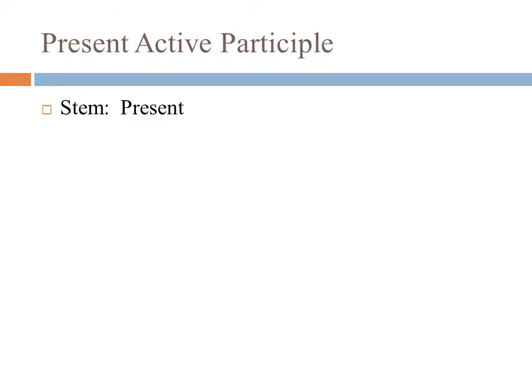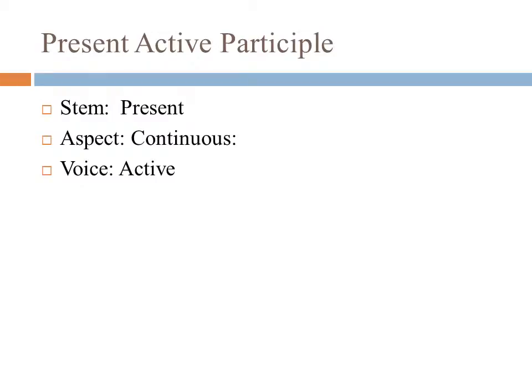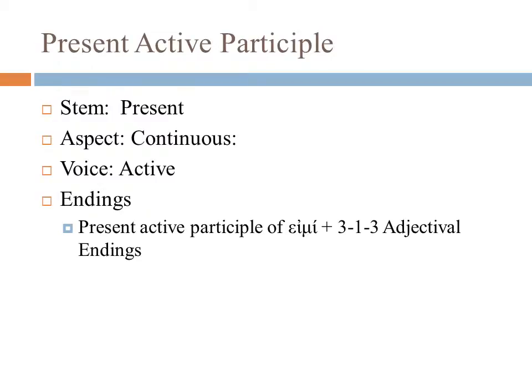Present active participle. The stem is present, and because it's present, it contains the continuous aspect. The voice is active, and the ending is the present active participle of εἰμί plus 3-1-3 adjectival endings.